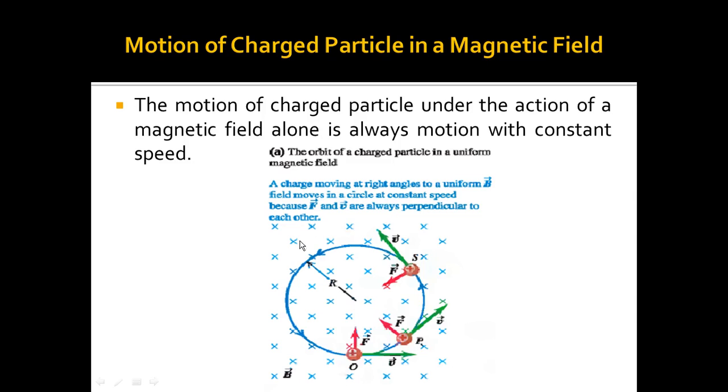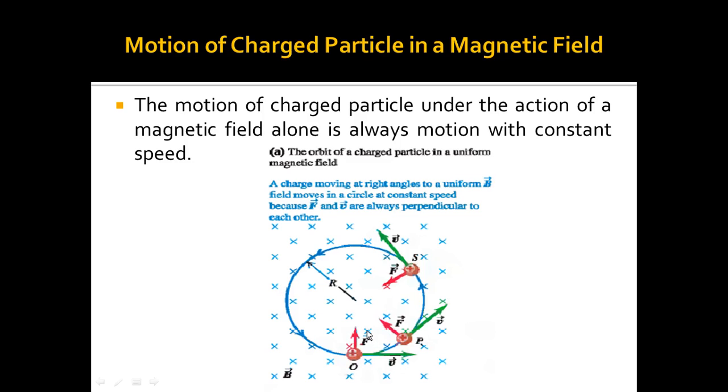And in this motion of charged particles in the magnetic field, the centripetal force is obviously the magnetic force exerted by the magnetic field on our charged particle. So this force actually is our centripetal force.